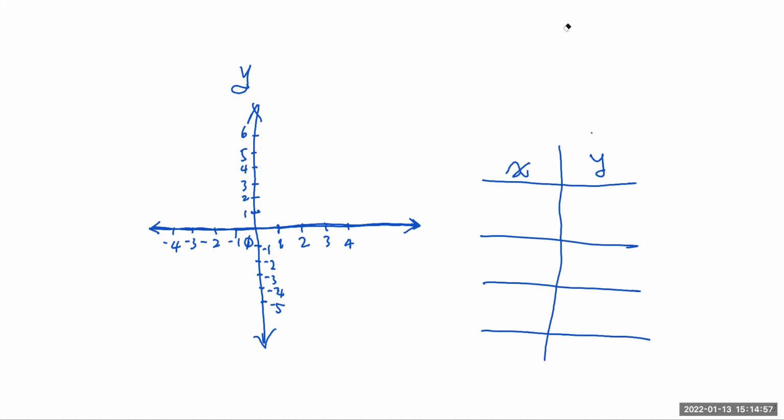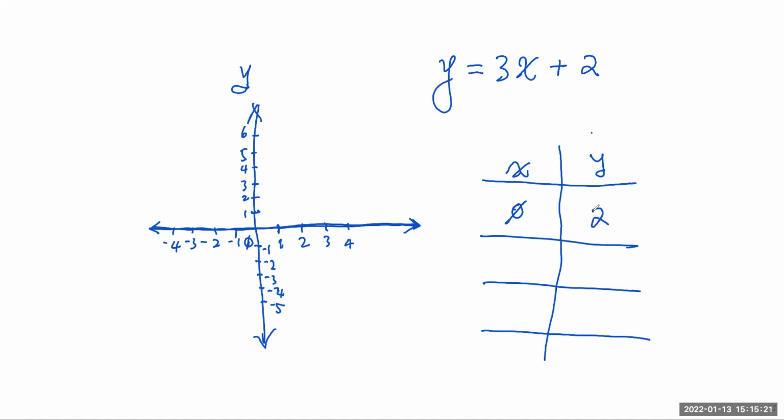Now, this is y equals 3x plus 2. So if x is 0, what is our y? That's 2.